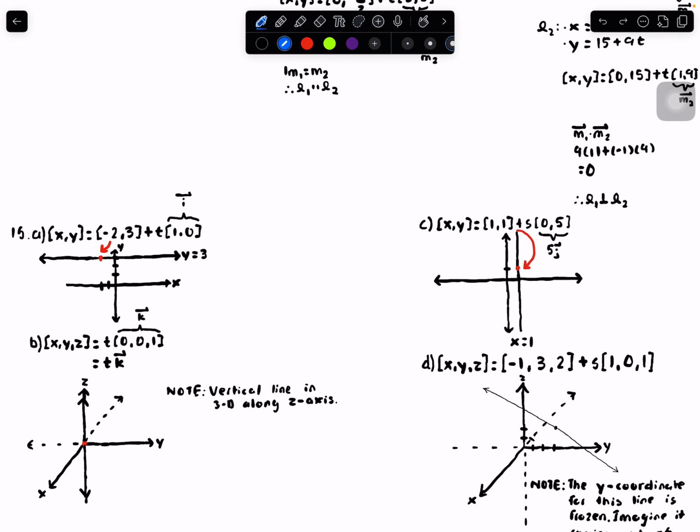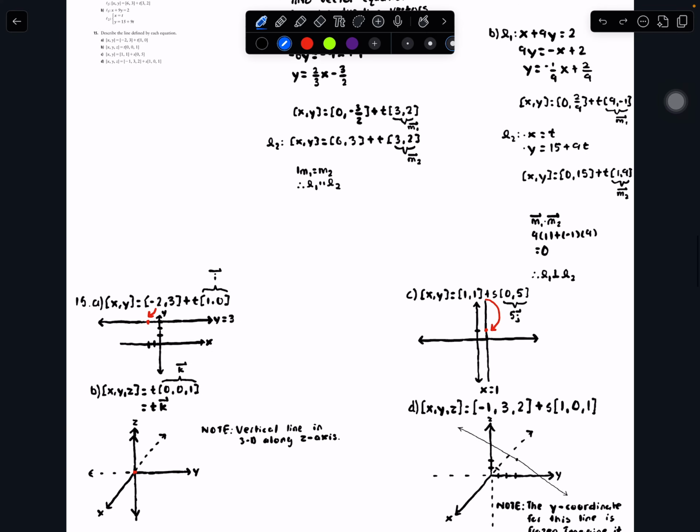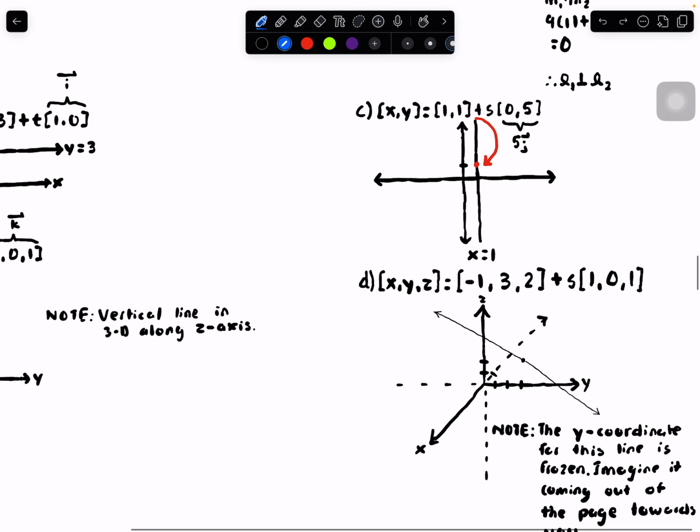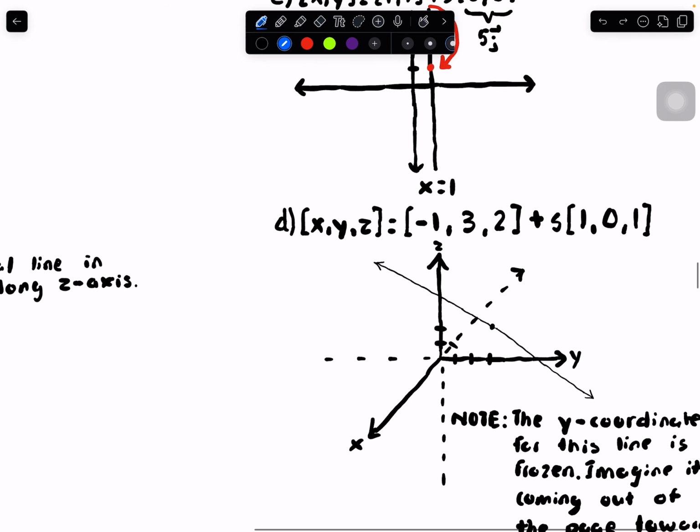Okay, part D. So we had the line (x, y, z) equals (-1, 3, 2) plus s times (1, 0, 1). This is a bit hard to graph for me. But this is the known point on the line, -1, 3, 2. That's what I graphed right here. Now 1, 0, 1.